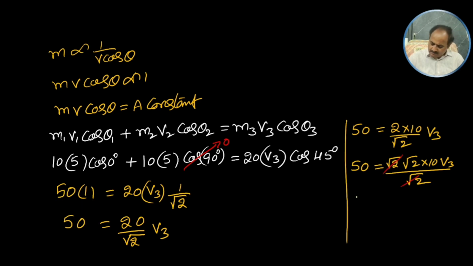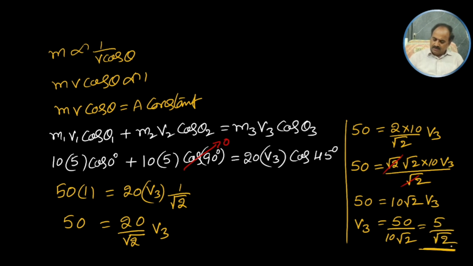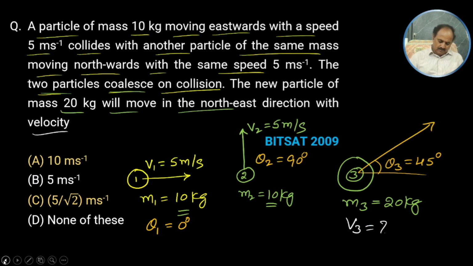Finally it is 50 equal to 10 root 2 into v3. From this v3 equal to 50 by 10 root 2. 50 by 10 is 5, so 5 by root 2. That is the velocity of the resulting particle, 5 by root 2.